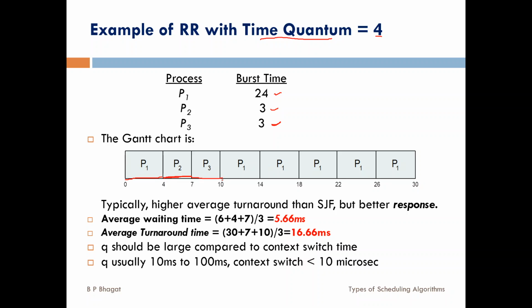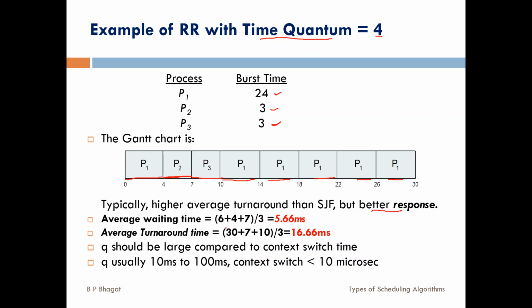So after that, for each 4 milliseconds, a total of 5 times the process gets executed, that is P1, because P1 is the only process in the ready queue. So typically the average turnaround is higher than for SJF, but the very important advantage is that the response time is better.